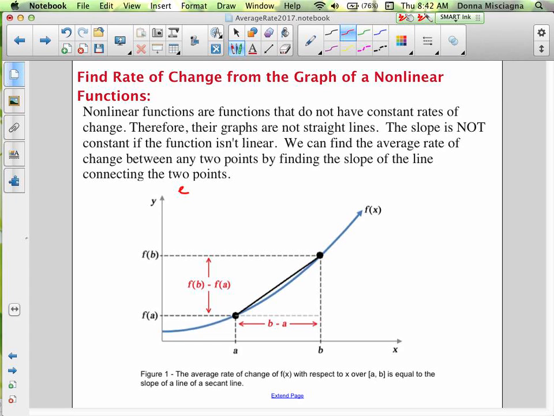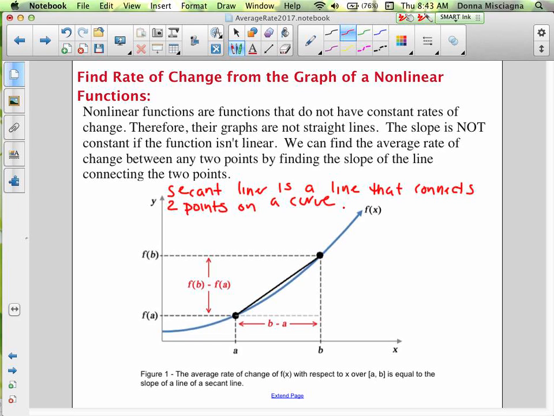put this in your notes. A secant line is a line that connects 2 points on a curve. Right?